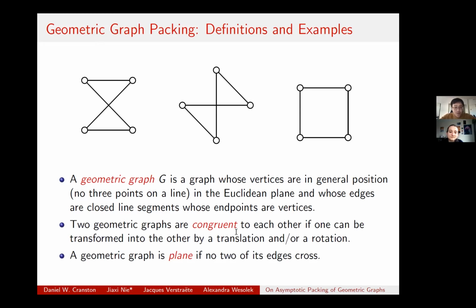Another notion: a geometric graph is plane if no two of its edges cross. Here, the first two examples are not plane because they form some crossings. The third example is plane because no two of its edges cross.